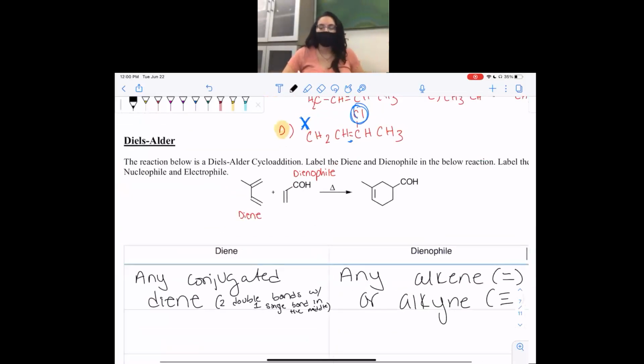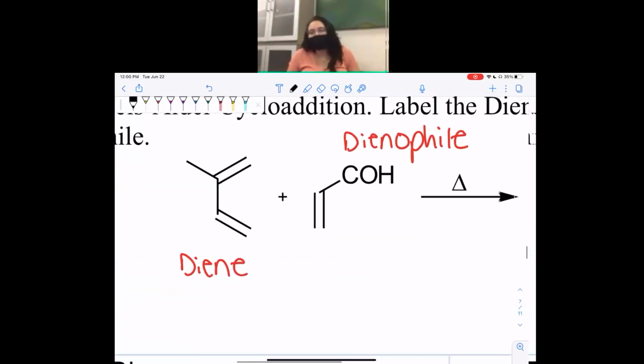So let's go in here, and I'm going to show you how the mechanism works, and then hopefully that'll clear things up a little bit. We have to keep track of things for this reaction. So, I'm going to show you how I like to number everything.